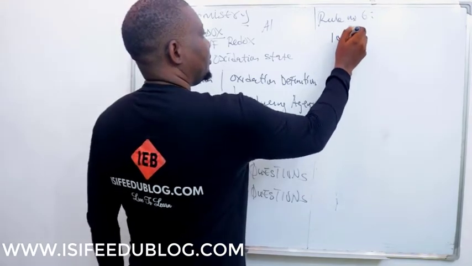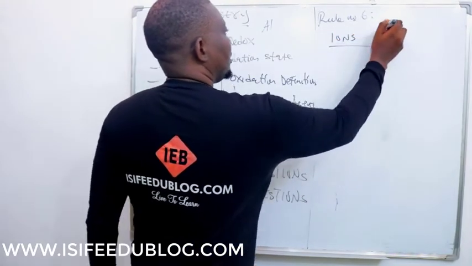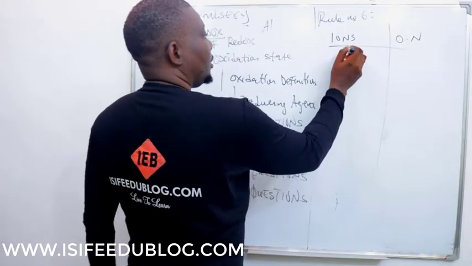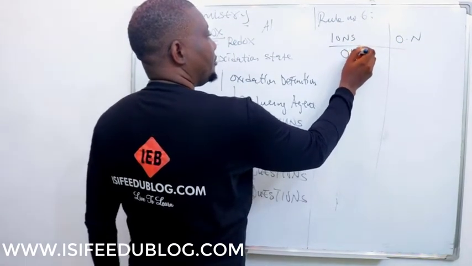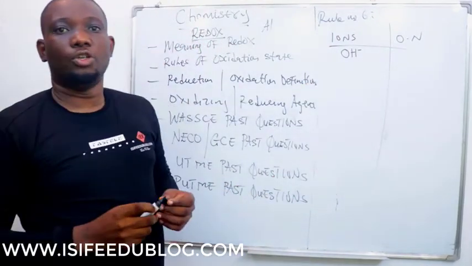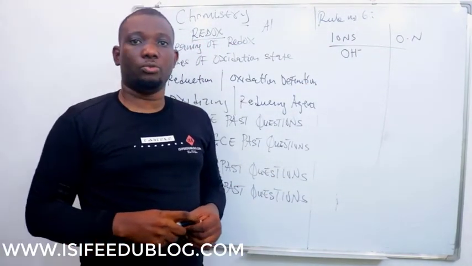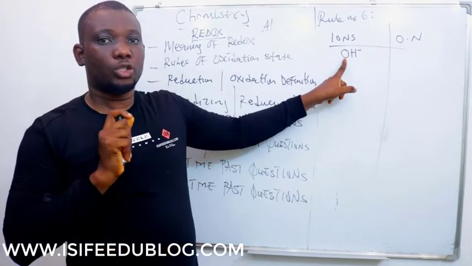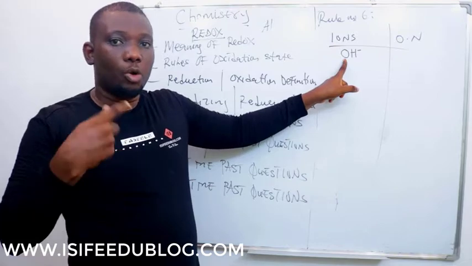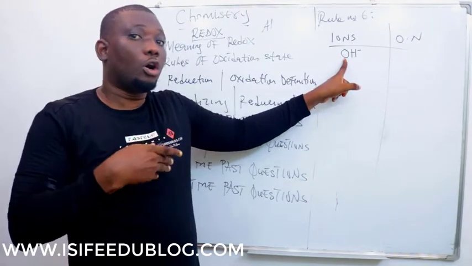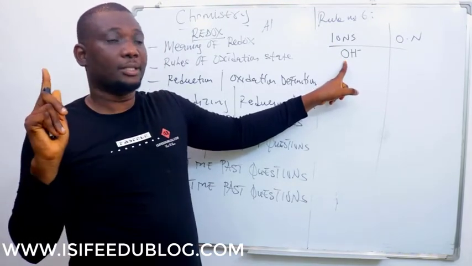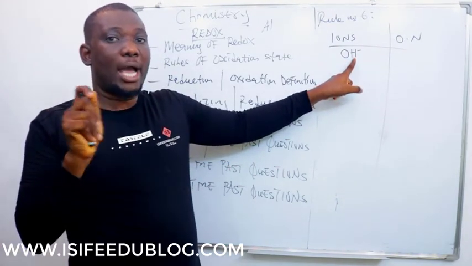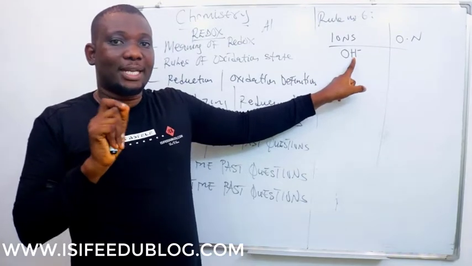Suppose we look at these various ions and try to know their oxidation numbers. We'll have OH minus here. Remember, rule number 2 says that the oxidation state of oxygen will always be -2 in virtually all its compounds except in peroxides. Then the oxidation state of hydrogen is +1, the only exception being in hydrides.